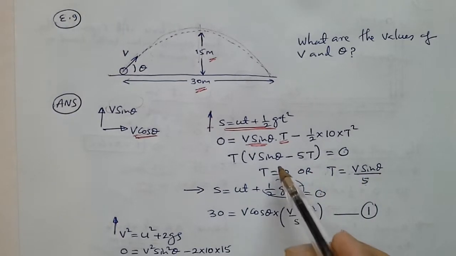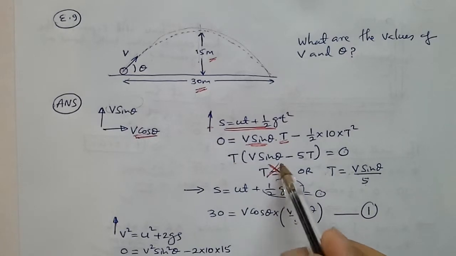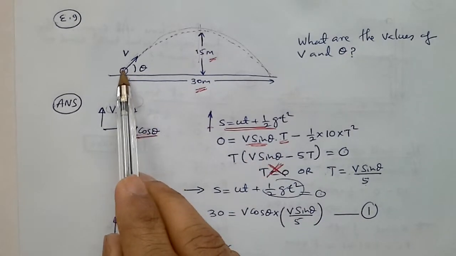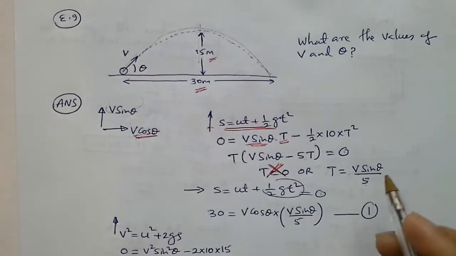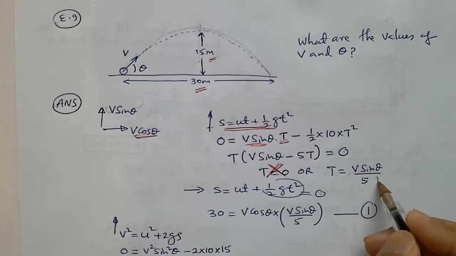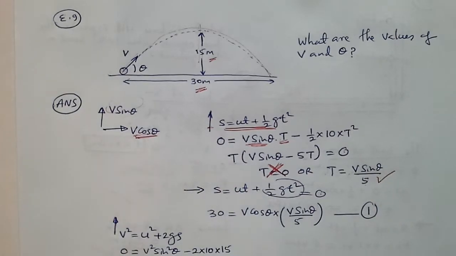I can omit T equals 0 because this is our initial condition, the time that you are about to throw the ball. So for a complete journey the total time of flight is v sin theta by 5. Now let me use s equal to ut plus half gt squared in the horizontal direction.